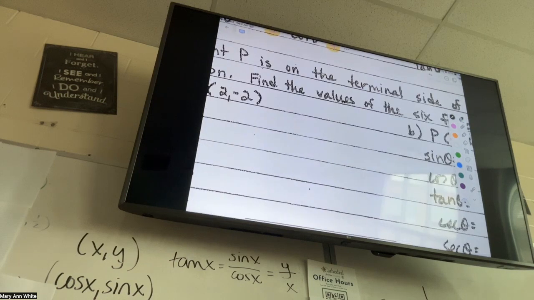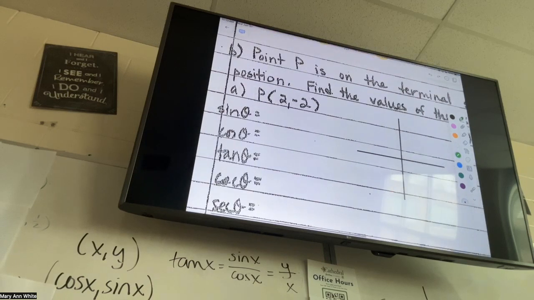So remember, when I hear standard position, I'm going to do my XY axis. And if you remember, the terminal side is the side that rotates around. My initial side is always at positive x, but my terminal side is the one that goes around. And it says that it goes through the point (2, -2).